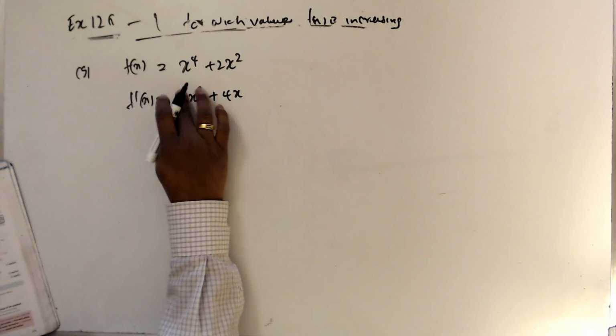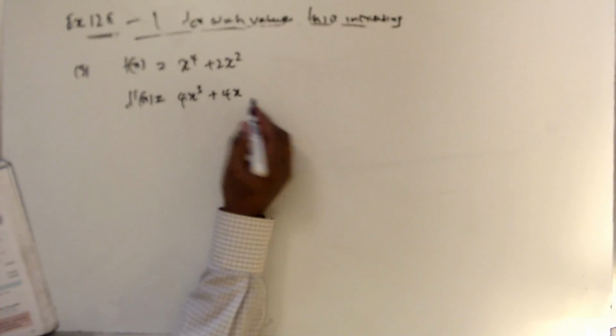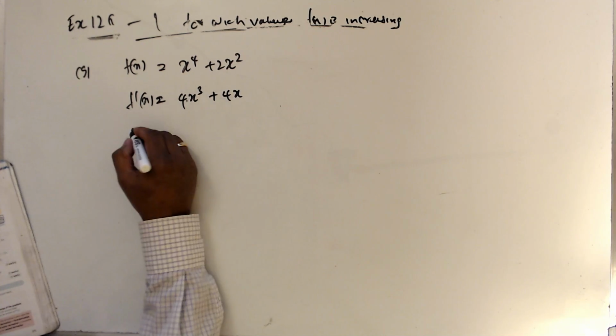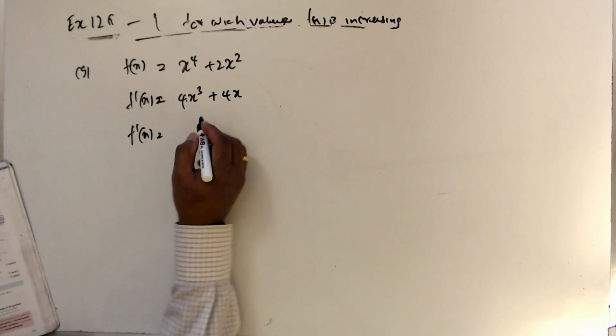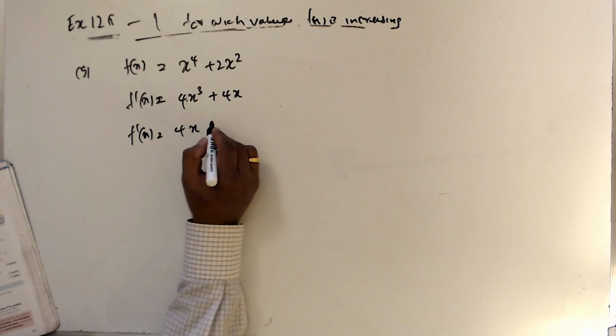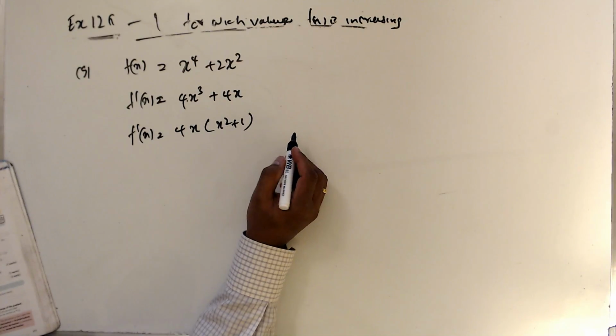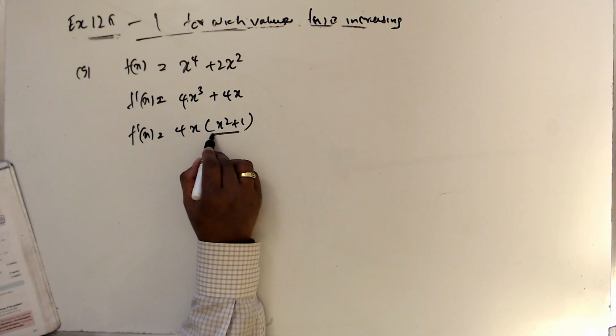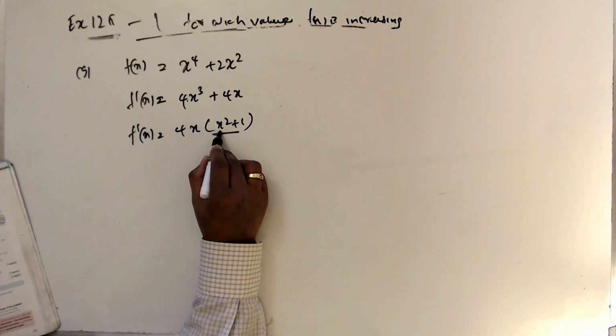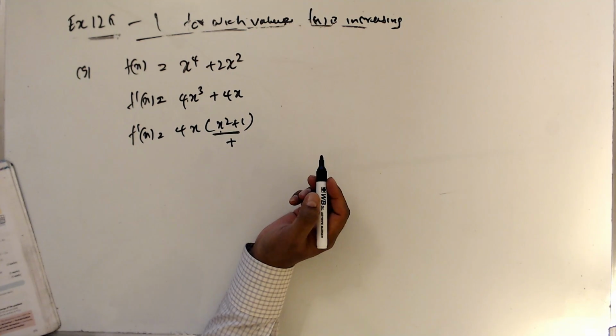Sorry, this is 4x cube plus 4x. Then I can take 4x out. It's going to be 4x times x square plus 1. Now when I look at this, x square plus 1 is always positive.